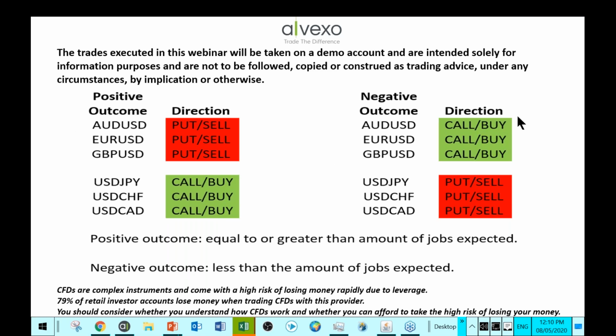In other words, positive or negative. So having set up the 6 possible pairs with the dollars on the right on top and the dollars on the left on the bottom, I know that in case of a positive outcome, these are going to likely go down and these are going to likely go up.